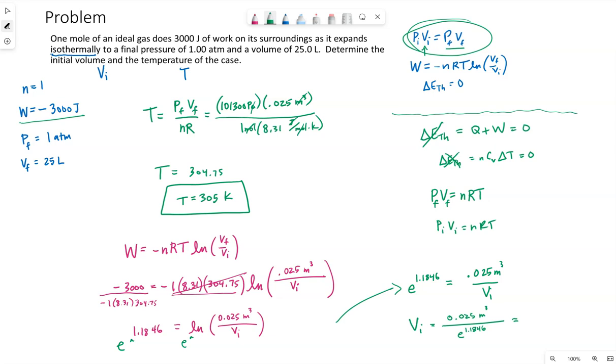I'm getting 0.00765. My units are meters cubed because that's what I put my final volume in with. If I had left that as 25 liters, I would have come up with 7.65 liters.